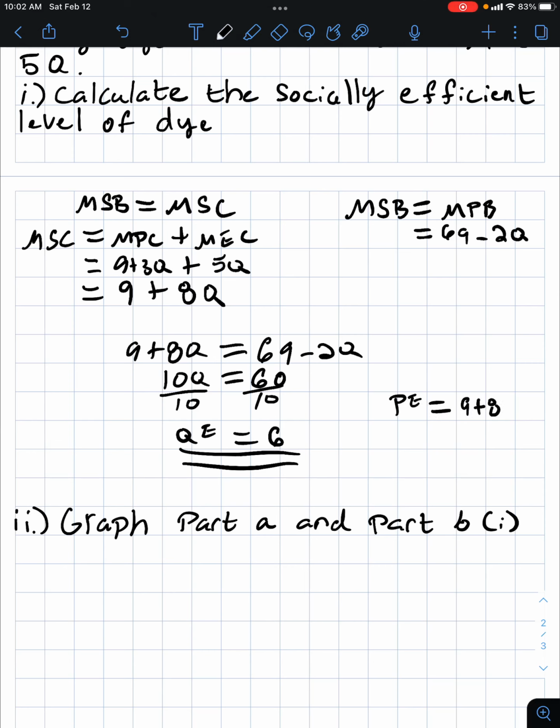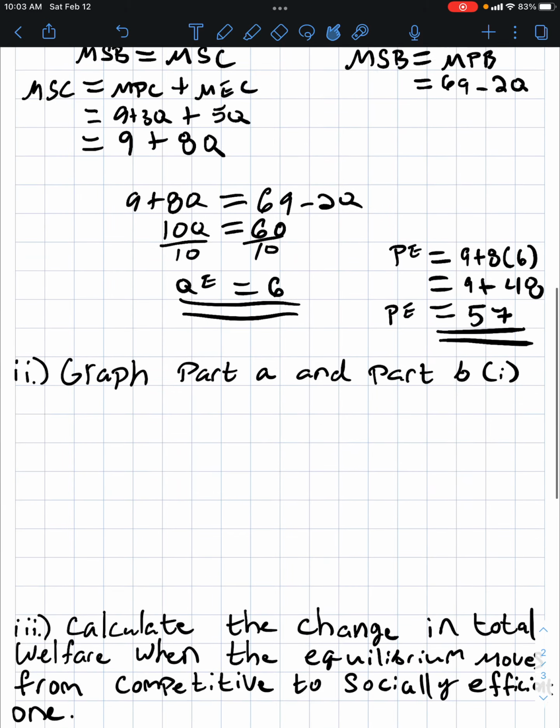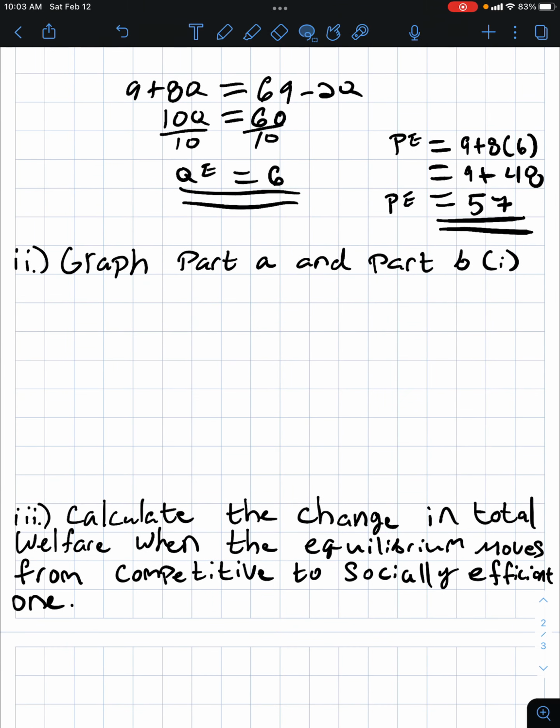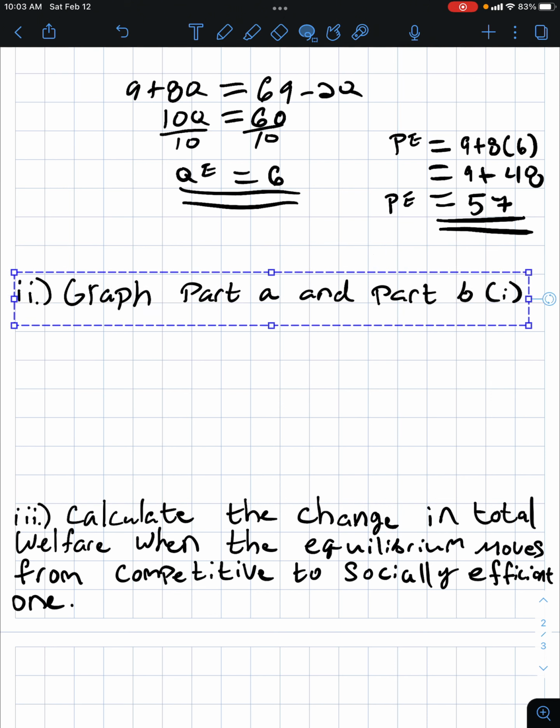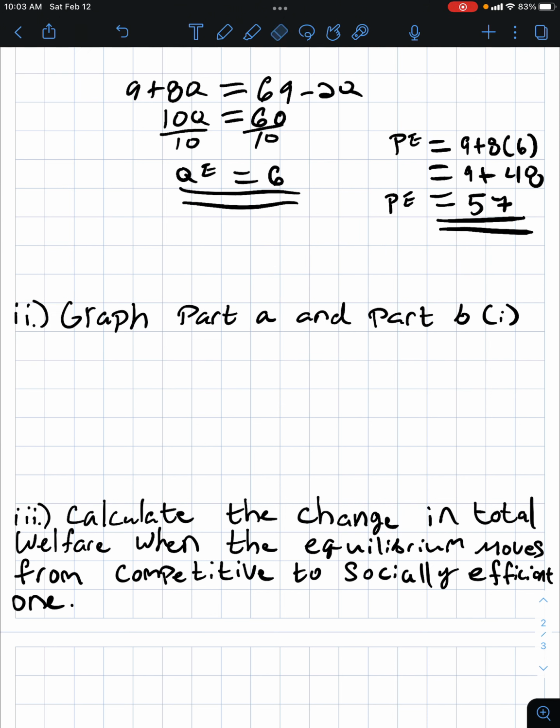So PE is going to be equal to 9 plus 8 times 6, which is equal to 9 plus 48, so this is going to be equal to 57. So PE, a price at efficient equilibrium, will be 57, and our quantity at efficient equilibrium will be 6.